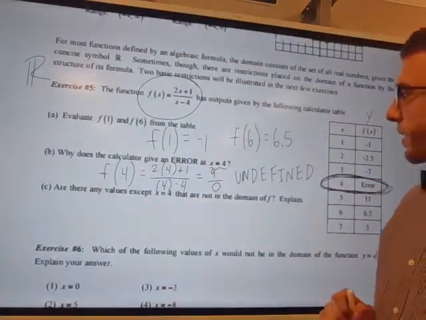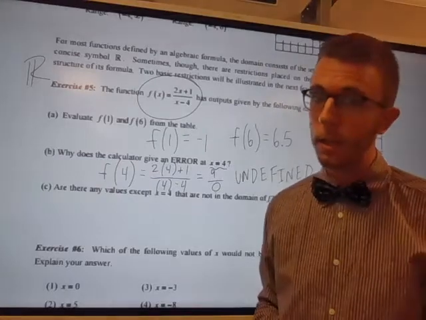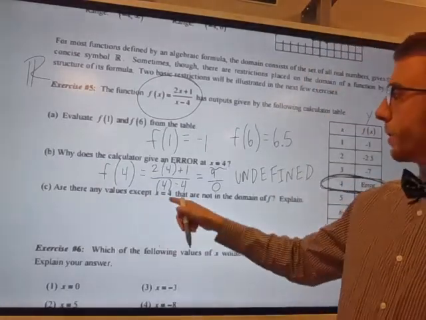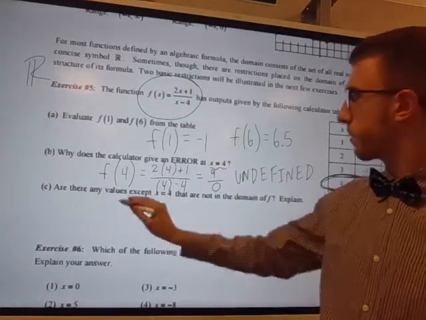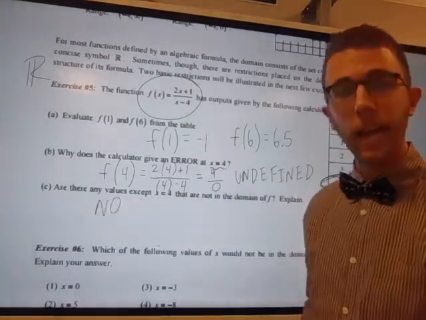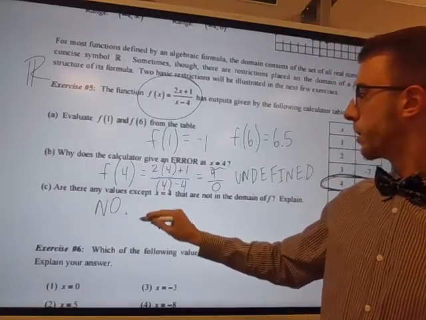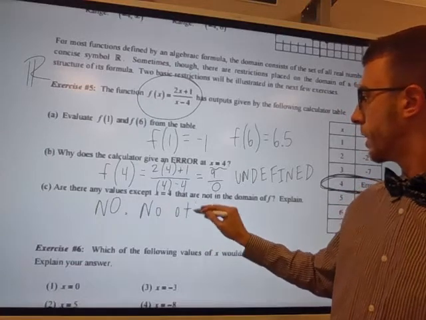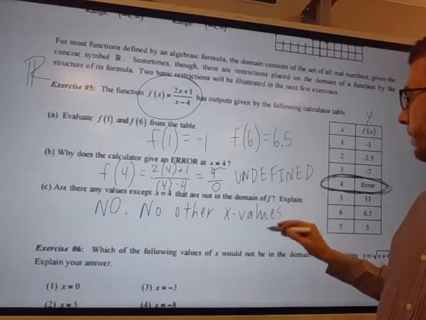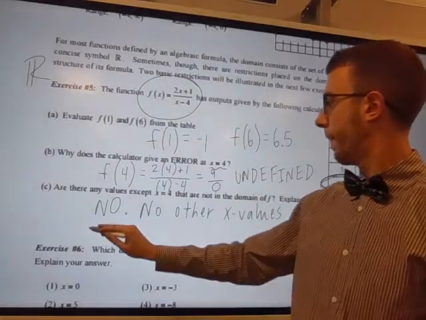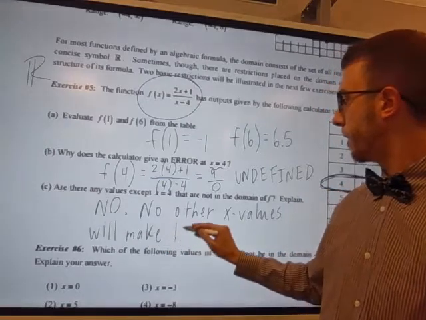Are there any values except x equals 4 that are not in the domain of f then? Are there any other values besides x equals 4 that would make this undefined? Okay, that answer is no. So no other x values will make this function undefined.